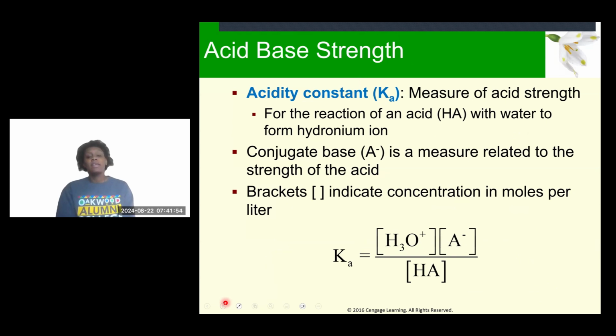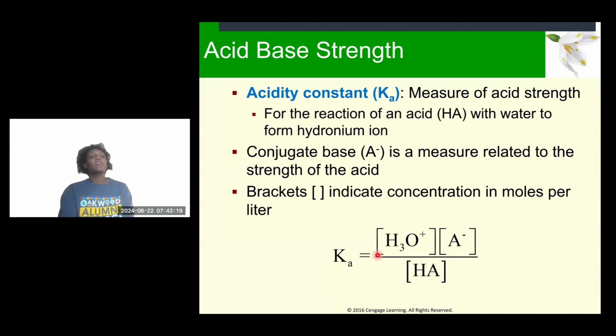All right, so Ka, the acidity constant. Now, the acidity constant measures the acid strength, okay? So it measures the acid strength for the reaction of an acid HA with water to form hydronium. So if we look here at the equation, we see that Ka equals, and these brackets right here represent concentration, okay?